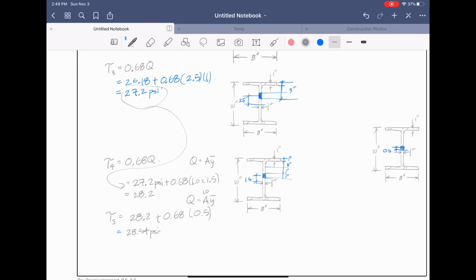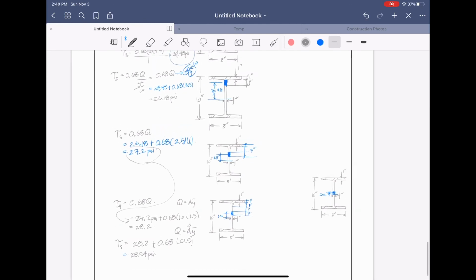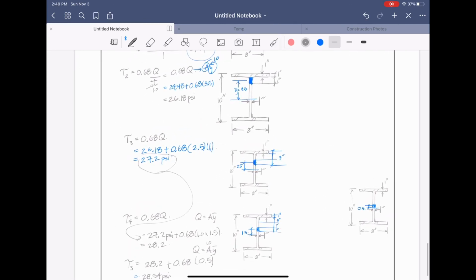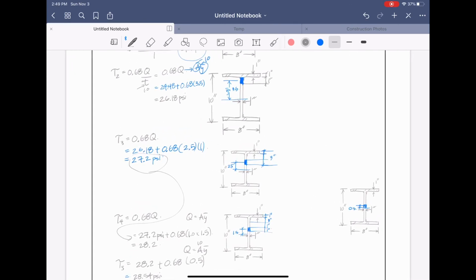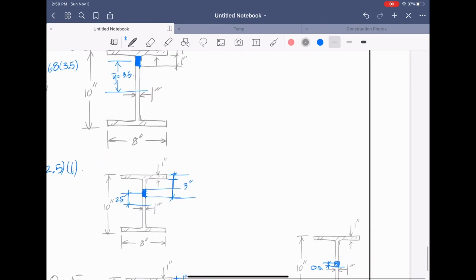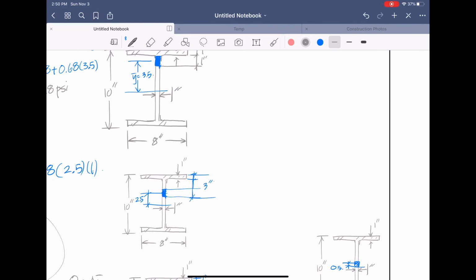So if I'm doing this correctly, let's make sure. Okay. All we're doing now is graphing it.